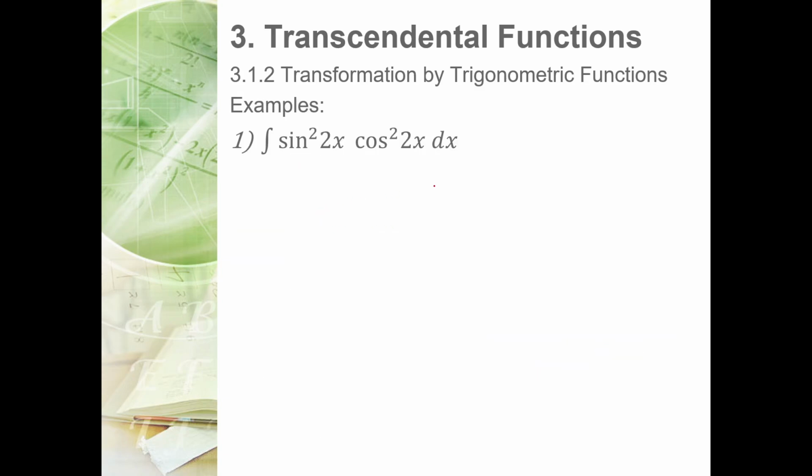So we have the integral of sine squared 2x cosine squared 2x dx. Again, we examine the exponents. Both m and n should be even and positive. As you can see here, both are even and positive.